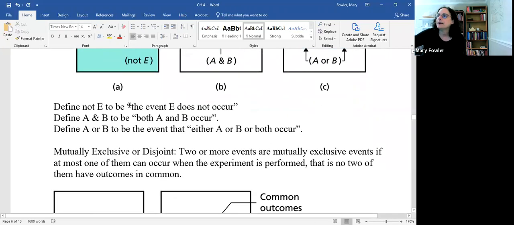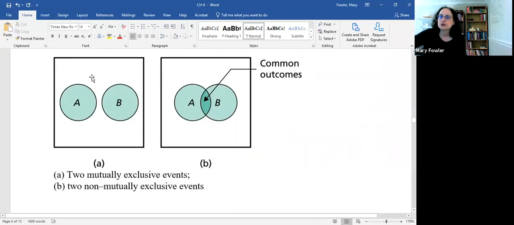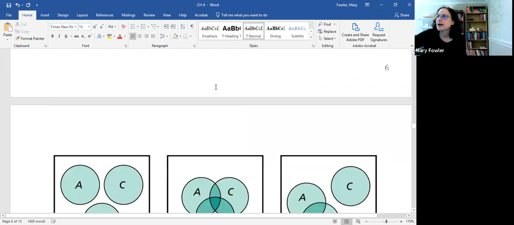Okay, a little bit about mutually exclusive. These are a picture of mutually exclusive events where the circles don't overlap. Here's a picture of non-mutually exclusive, or not disjoint, events, and they have some overlap piece. The little overlap piece is the AND event.